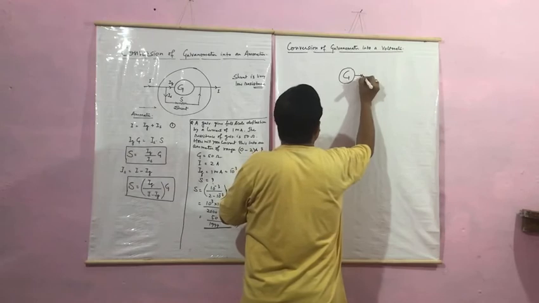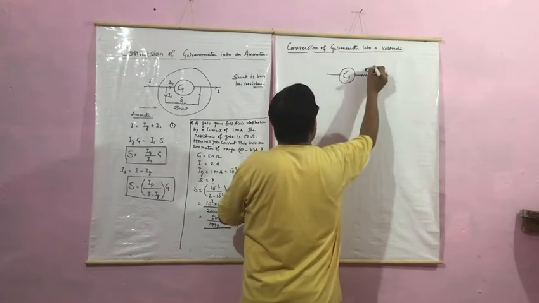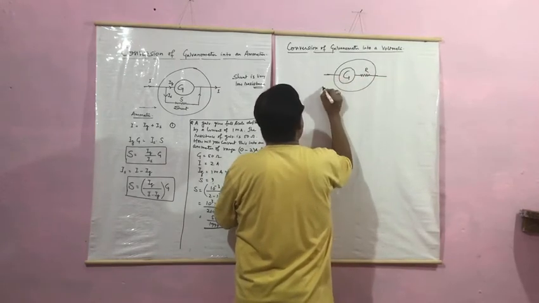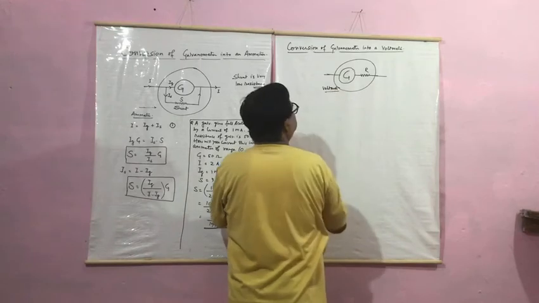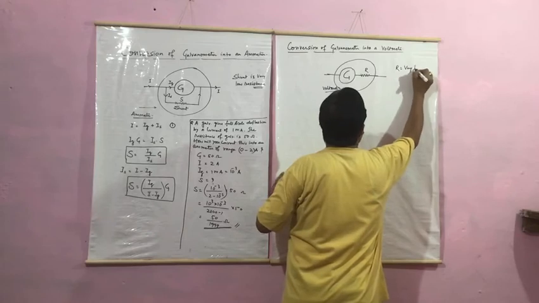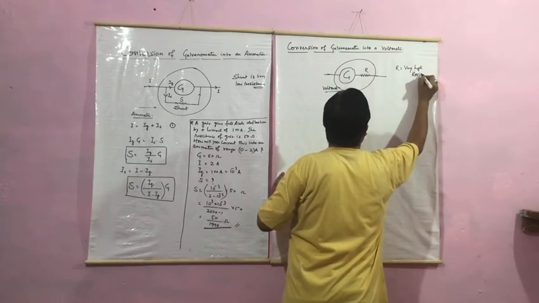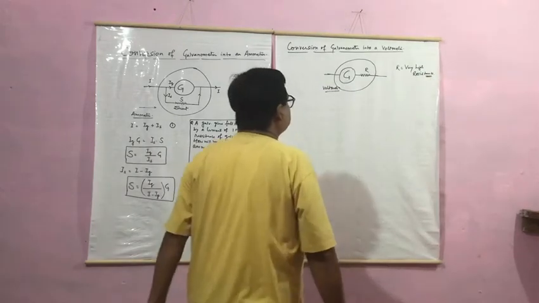So for that we have to connect a very high resistance R in series, and then this whole is called a voltmeter. And R is very high resistance. Right?